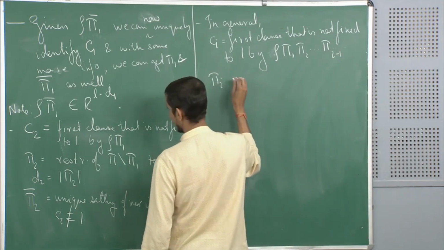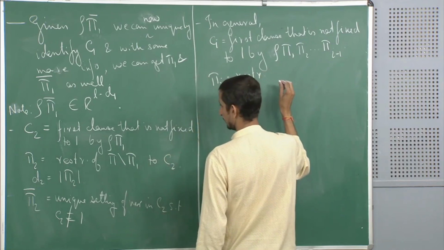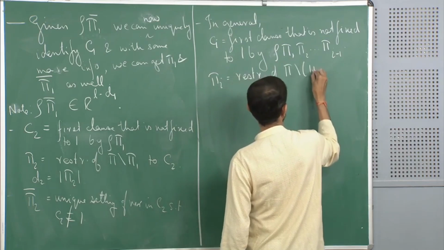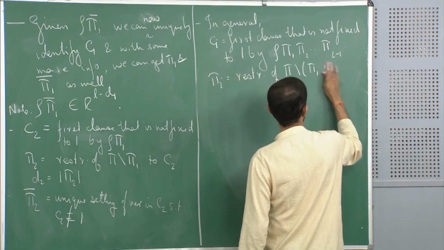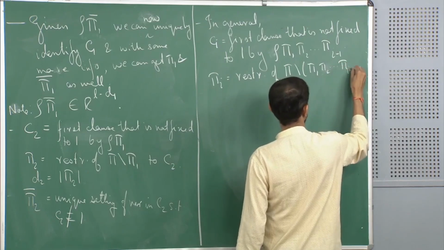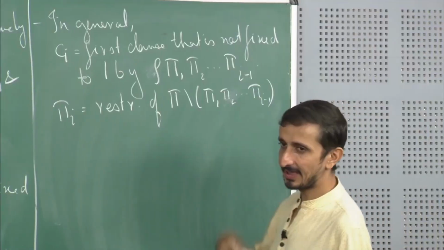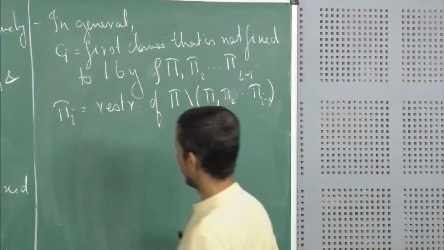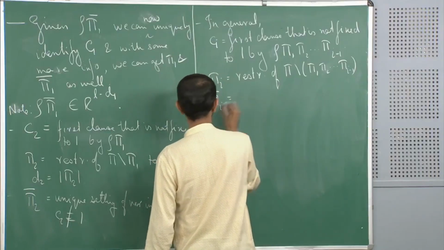Now, pi i will be the restriction of pi minus pi 1, pi 2 up to pi i minus 1. So, remove all these variables from pi and look at what remaining variables belong to this clause.